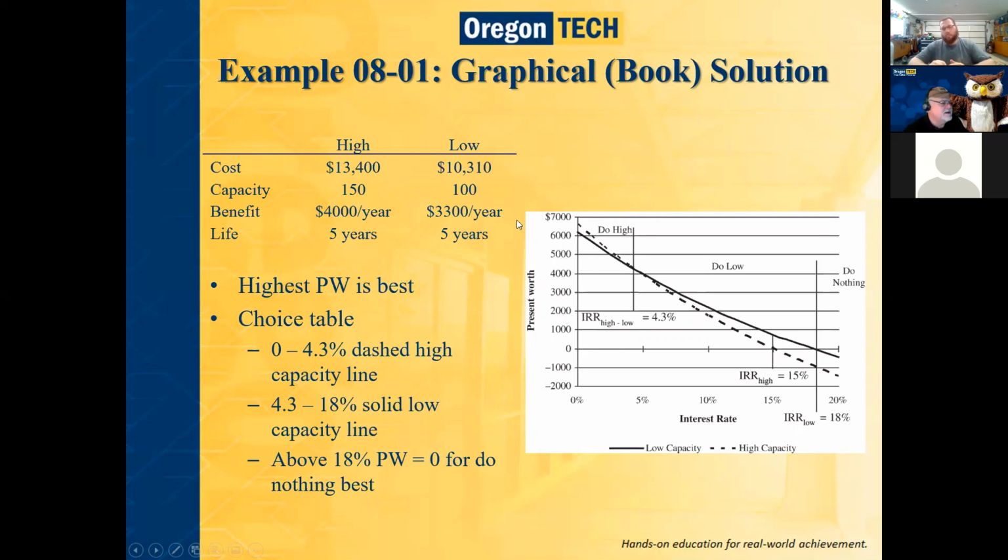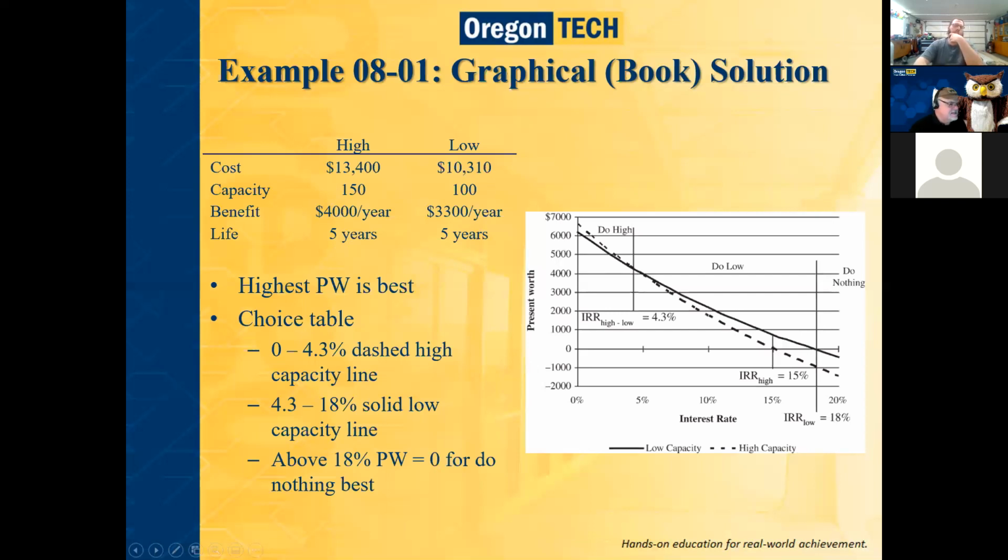So what they're trying to do here is give you a graphical solution, and the whole point of these graphical solutions is so you can see where these different options, with different costs, different rates, different benefits, but in this case similar lifetimes, overlap on their present worth or net present value calculations at different rates of interest.